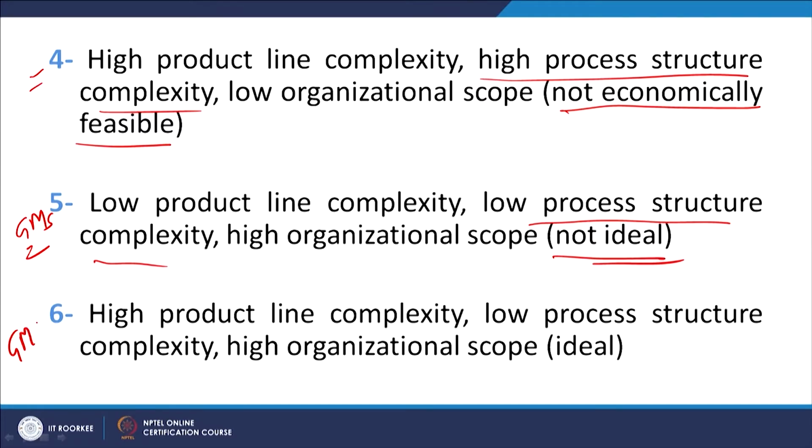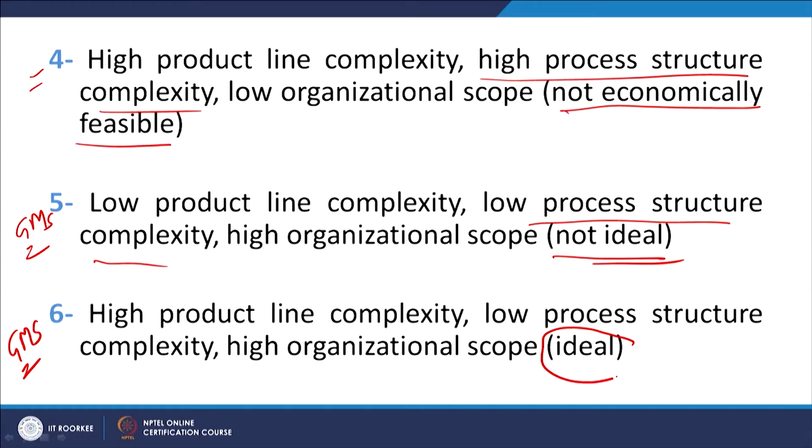Then another generic manufacturing strategy, the sixth, is where you have high product line complexity, low process structure complexity and high organizational scope. Now, what does it mean? It is an ideal kind of GMS. What is the meaning of this type of GMS?